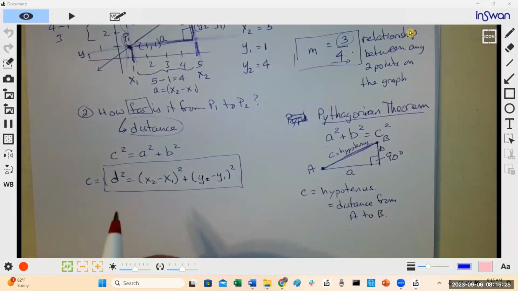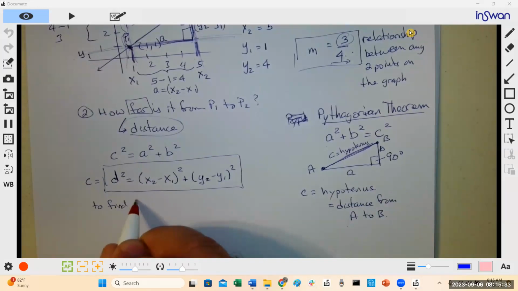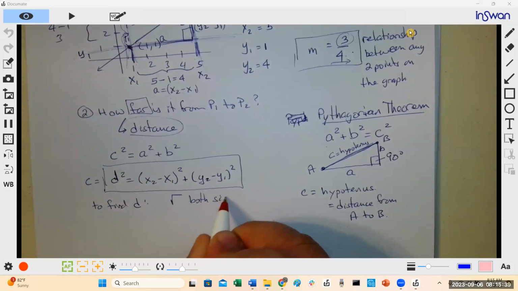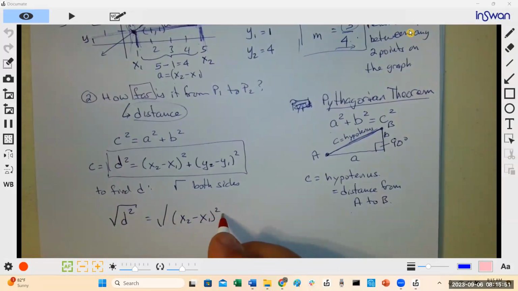To find the actual distance, to find D, square root both sides. So we have the square root of D squared equals the square root of x2 minus x1 squared plus y2 minus y1 squared.